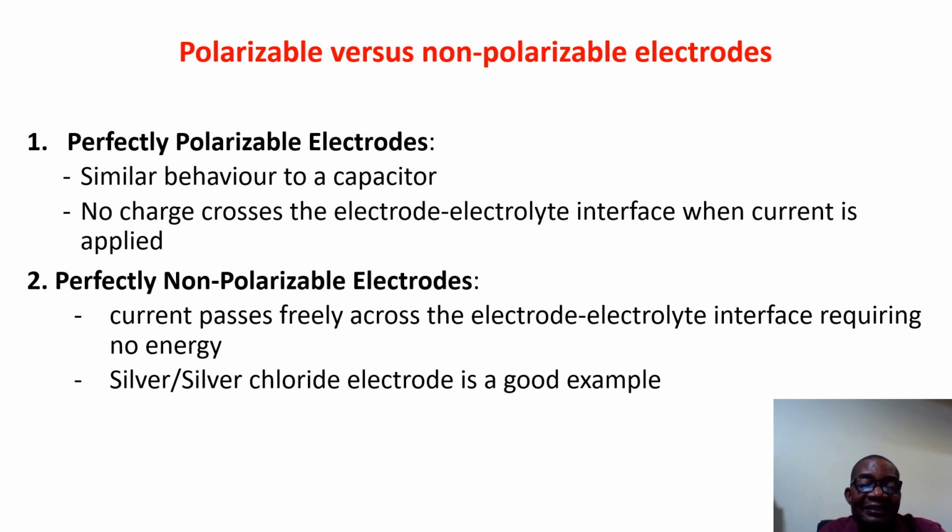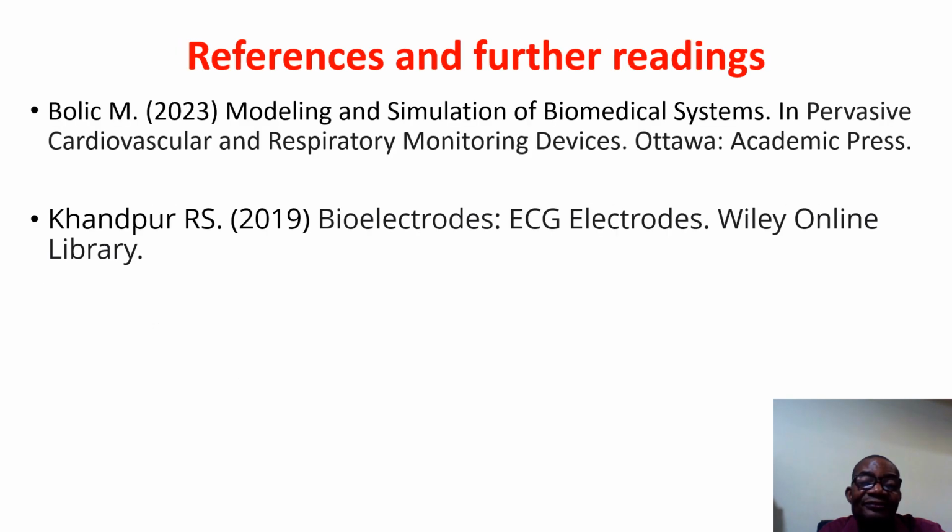A silver chloride electrode is a good example of a perfectly non-polarizable electrode. We know that silver is the best conductor of electricity, and when we have silver as a bioelectrode and interface it with a silver chloride solution, then current will freely pass across, and that creates a non-polarizable bioelectrode.